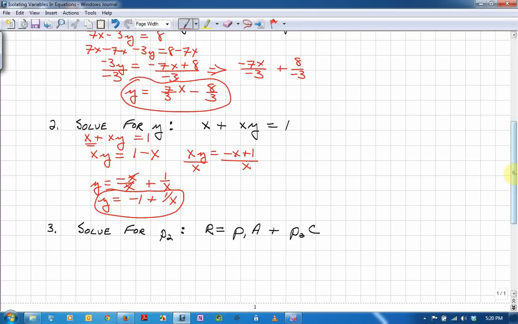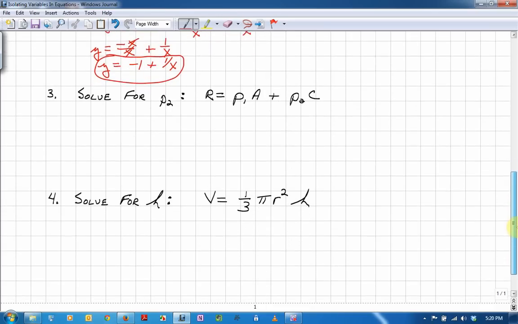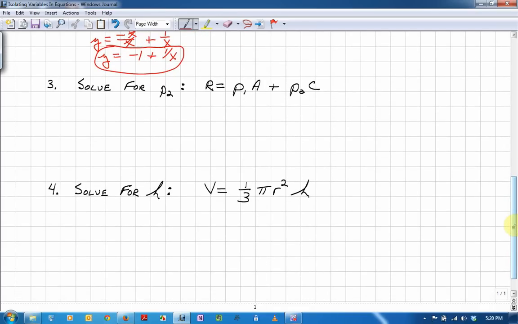Okay, let's look at the next example. Let's solve for P2. What we have is R is equal to P1 times A plus P2 times C, and I want to get the P2 all alone. The first thing I need to do is work in reverse order of operations. We're going to subtract this P1A from both sides.